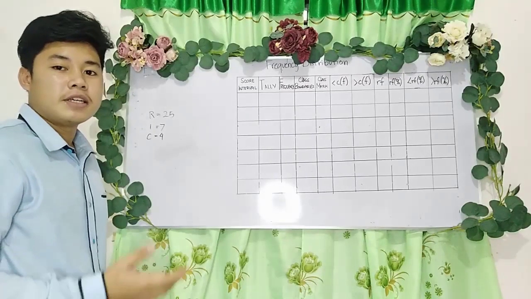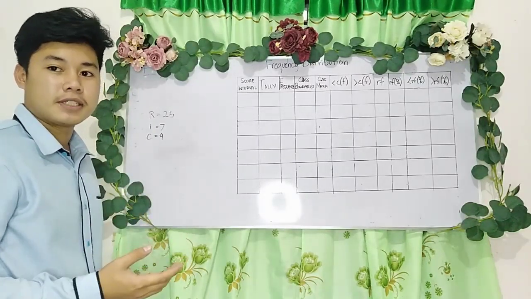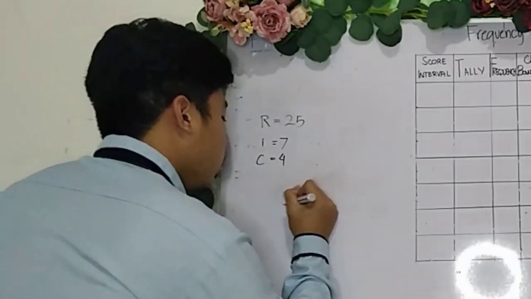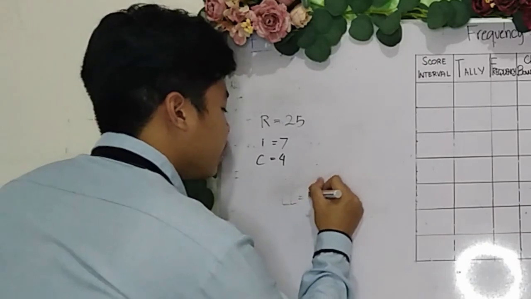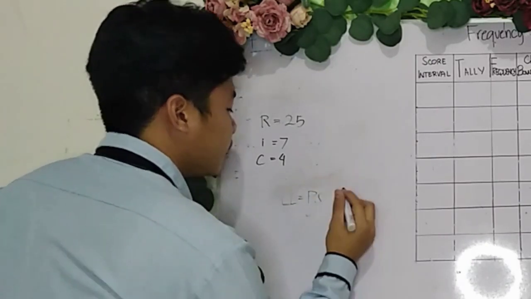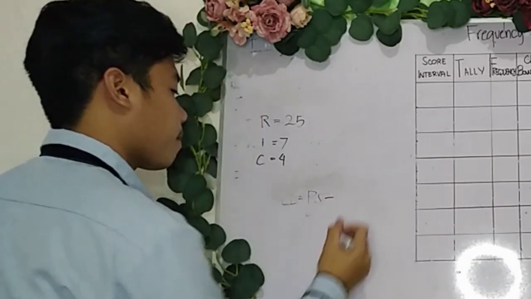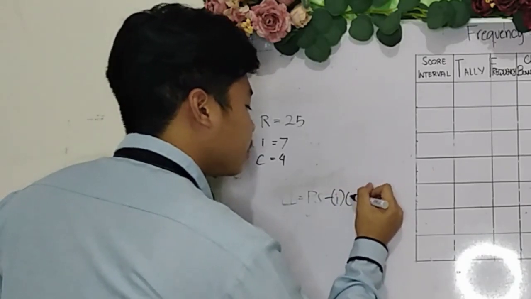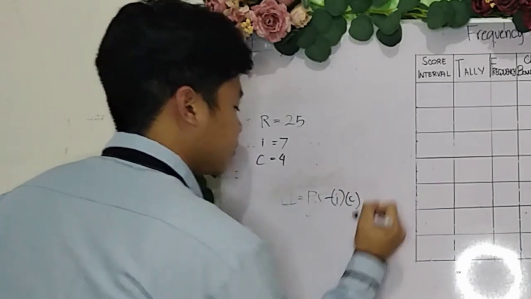The next step is to set up our class limits. So we need to follow this formula. Lower limit is equal to the perfect score minus our class interval times our class size.